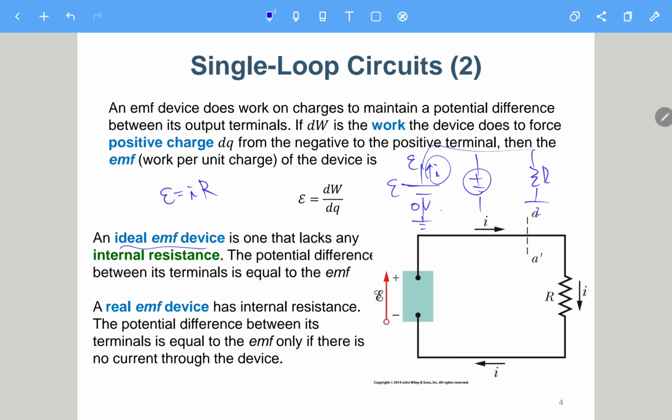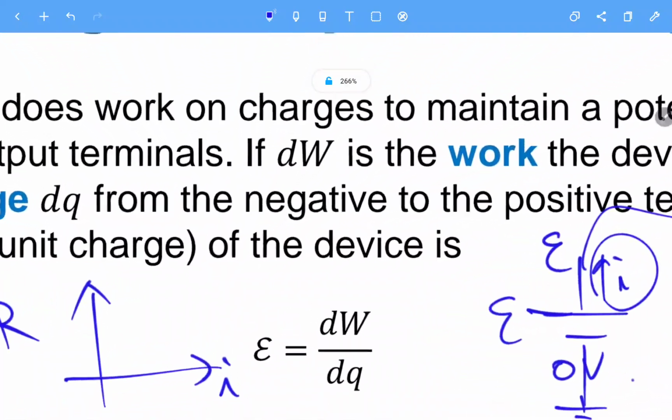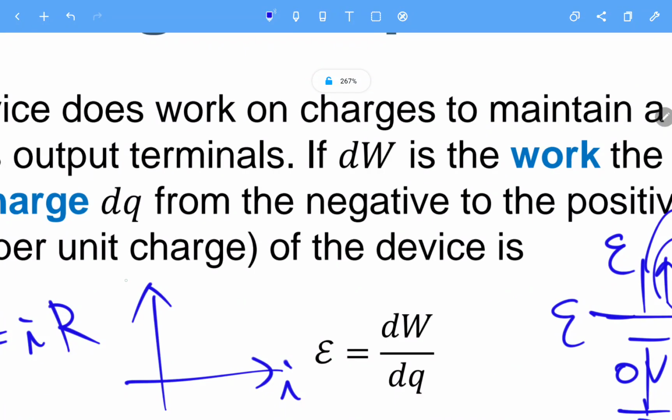If you draw it with I on the x-axis and V on the y-axis, V is always a constant. This is E, no matter how large the current is, even if it is positive, negative, or 0. The slope is 0.